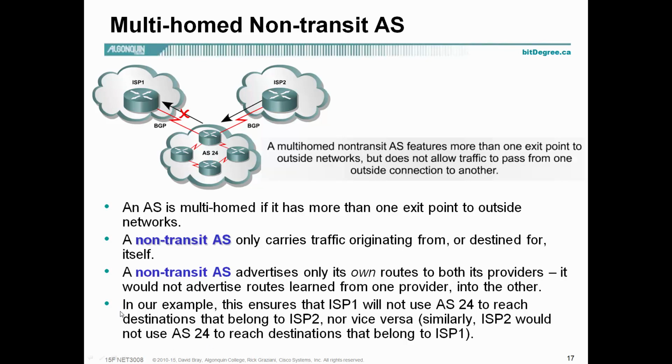So this is why my last bullet here says, in our example, if AS24 advertises only its own routes to both providers, then this ensures that ISP1 will not use AS24 to reach destinations belonging to the other ISP, ISP2, nor vice versa. So similarly, ISP2 wouldn't use AS24 to reach destinations belonging to ISP1.